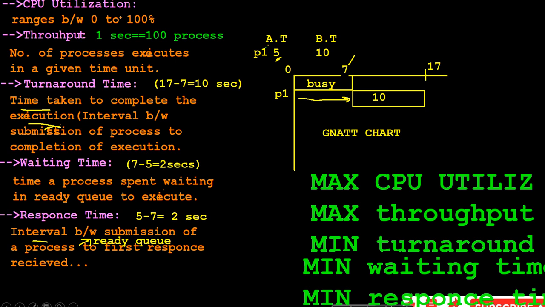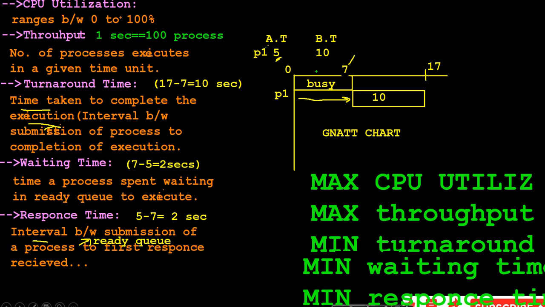CPU utilization means the number of processes executing in a given time. In our example, in 0 to 17 seconds, the CPU is executing only one process, so its throughput is 1. CPU utilization ranges between 0 and 100%.